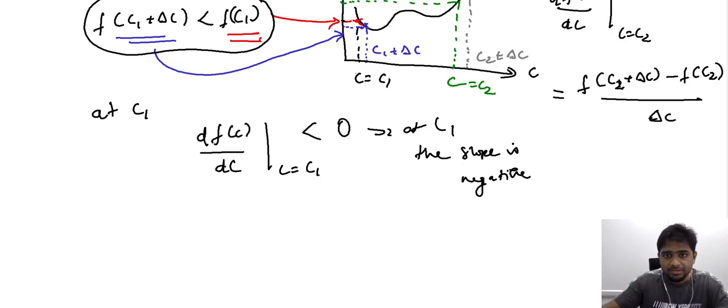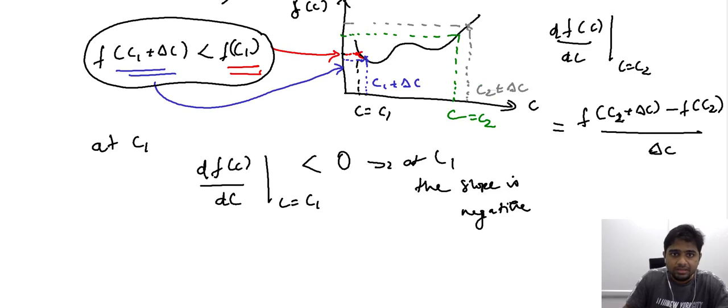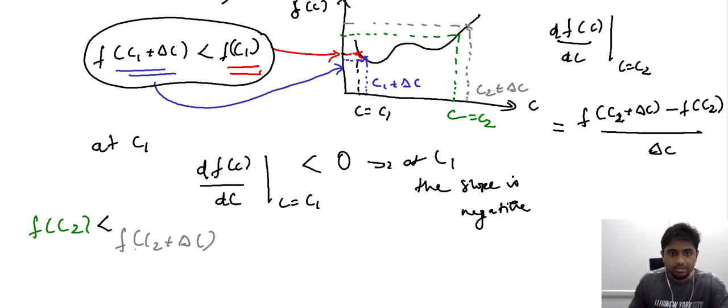So what we observe is the free energy at C2 is less than the free energy at the subsequent point, that is C2 plus delta C. So the free energy at the subsequent point is greater than the free energy at the original point.